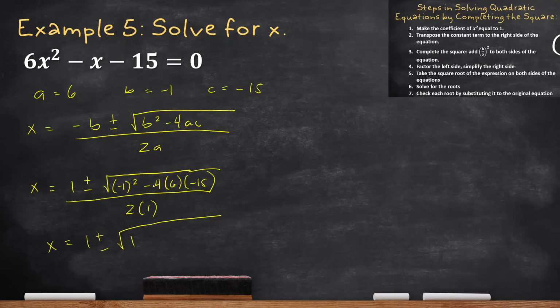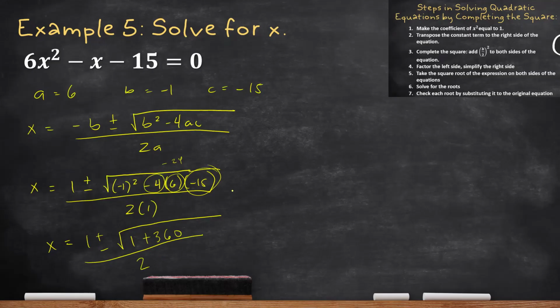And then, we have here multiply negative 4 times 6. That is negative what? Negative 24 times, okay, negative 15. So negative 24 times negative 15 is positive 360 all over 2 times 1 all over 2.